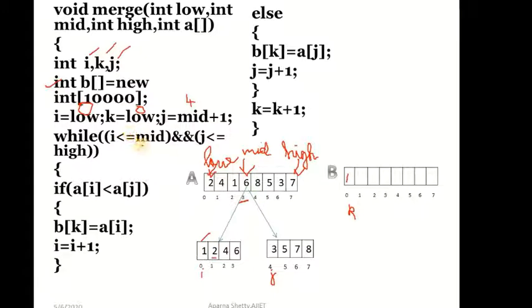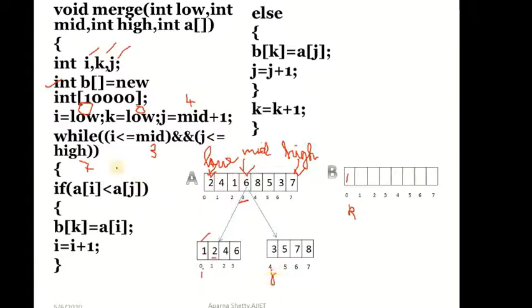See, while I is less than or equal to mid and J is less than or equal to high. So, mid value is 3, right? High value is 7. Here, what is the value of I? I value is 0. Is 0 less than or equal to 3? Yes. J value is 4, right?